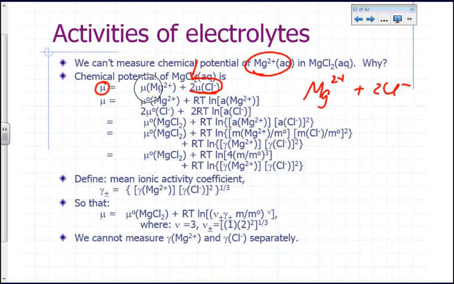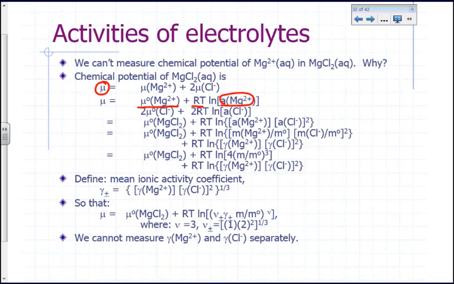Okay, so the chemical potential for magnesium ion is equal to its chemical potential in its standard state plus RT times natural log of the activity of magnesium ion. Then to get the chemical potential for the electrolyte, you add to that 2 times the chemical potential of chloride.